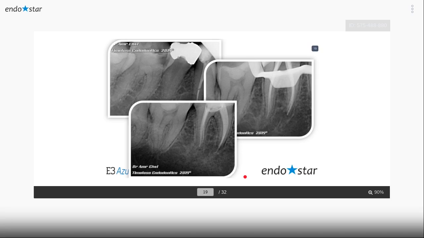Azure has one positive point regarding its high cutting efficiency, but at the same time, the S-shaped design is not completely radial landed, sorry, but it's centralized inside the canal or inside the root canal system.